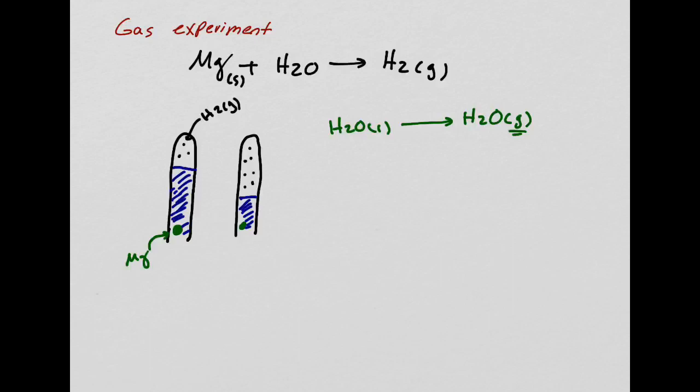So here, these are my H2 gases, but I also have some water vapor in there as well. The blue is my water vapor, and the black one is my H2 gas.